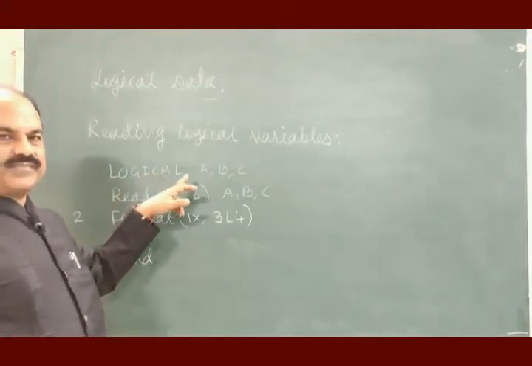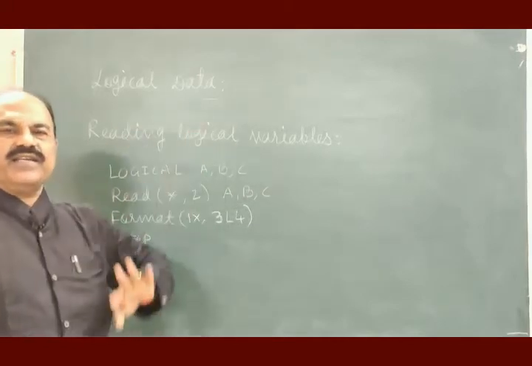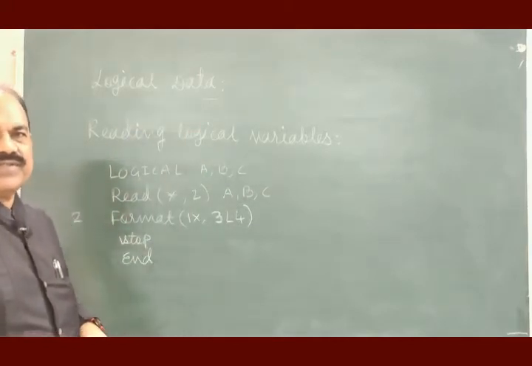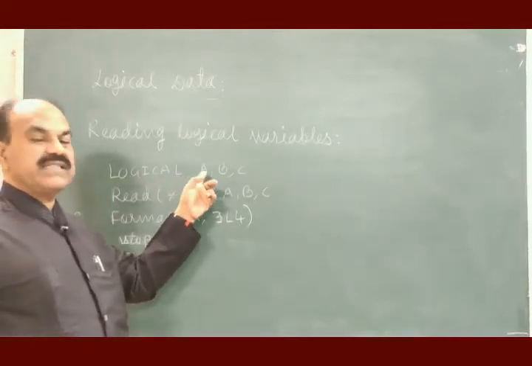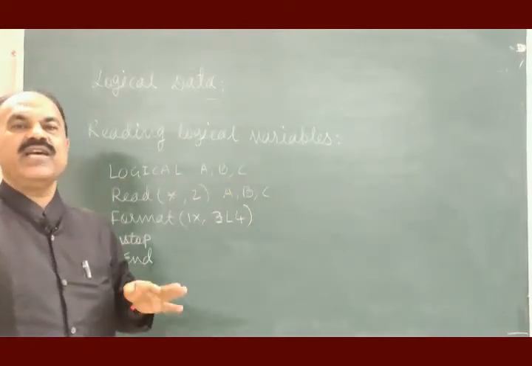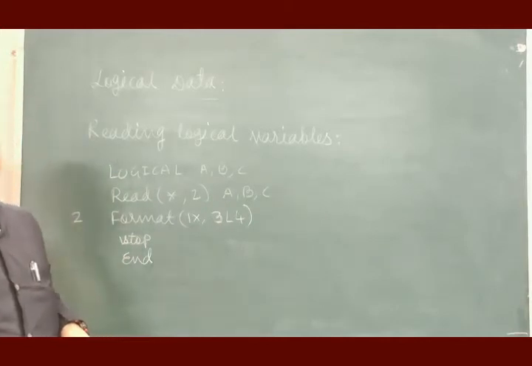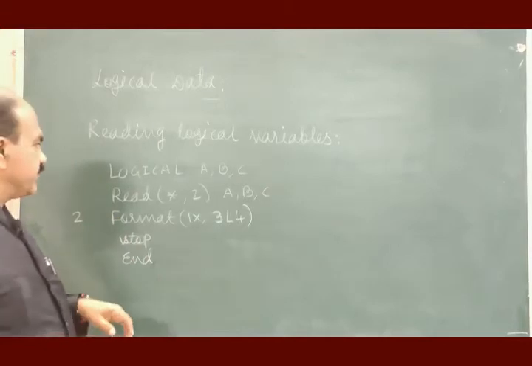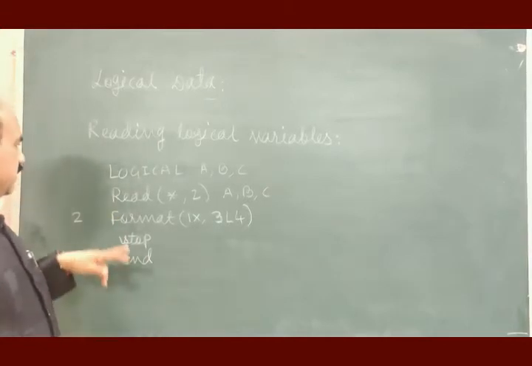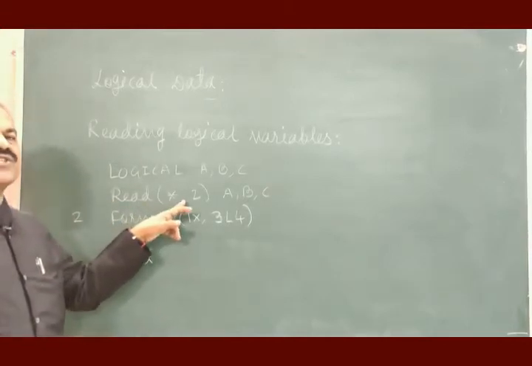Logical A, B, C are the variables. The word logical declares that A, B, C are the logical variables. As you see, they are separated by commas. Read asterisk comma 2.